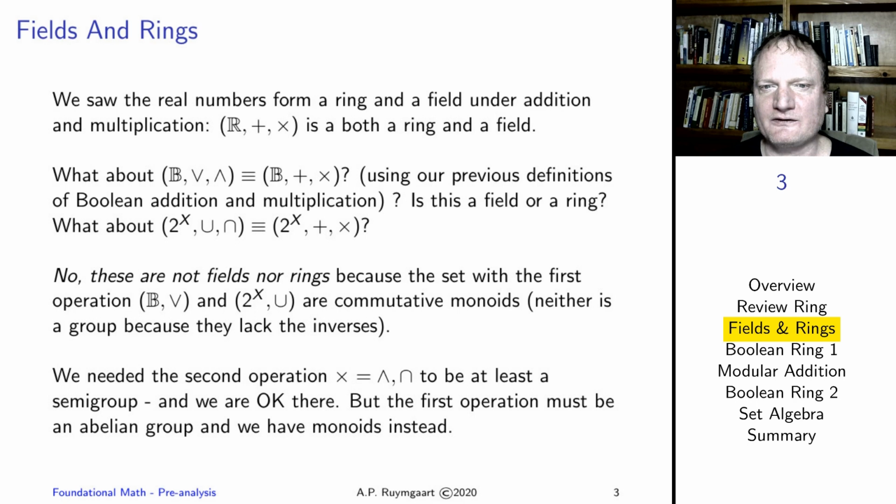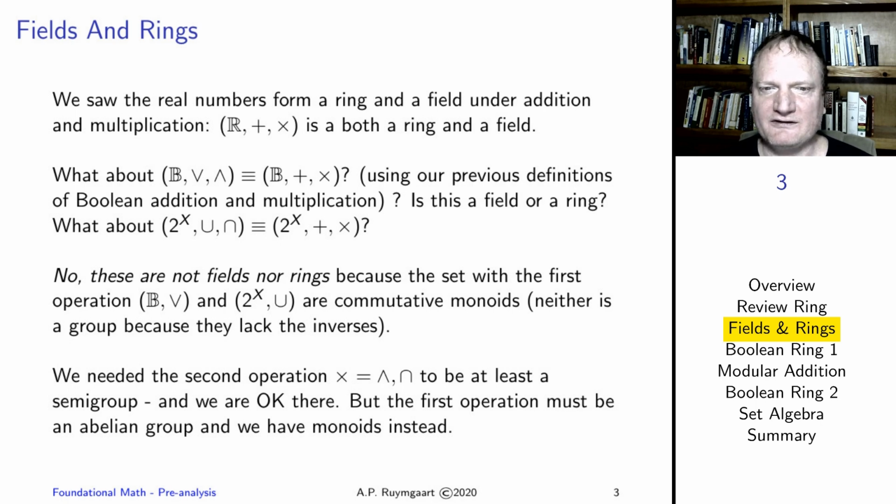Now, it turns out these are not rings because the set with the first operation, which would be the Boolean domain and the OR operation or Boolean addition, as well as the power set with the union operation, are commutative monoids because they lack the inverse elements on that addition operation.